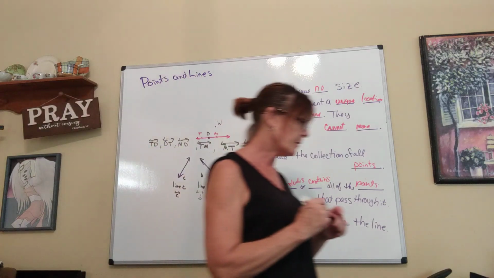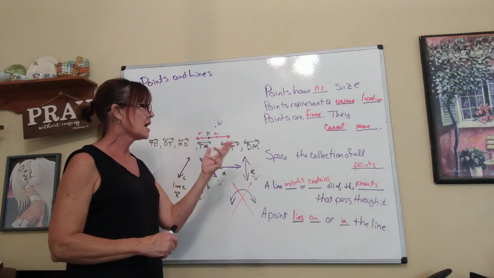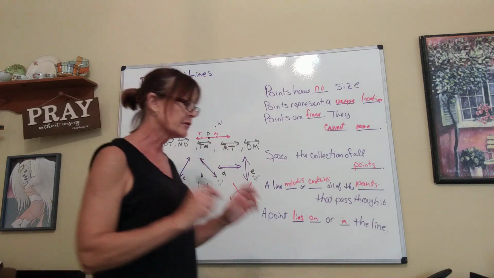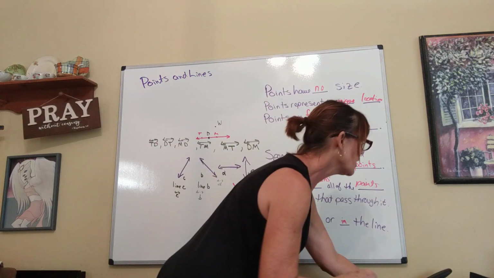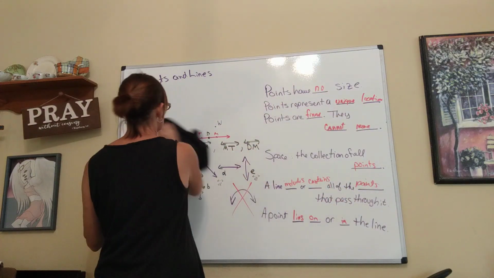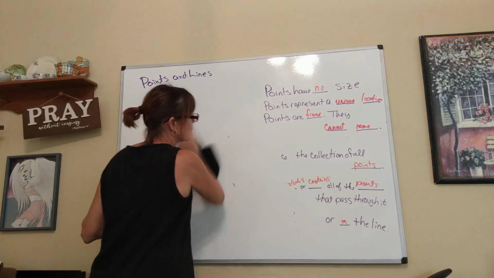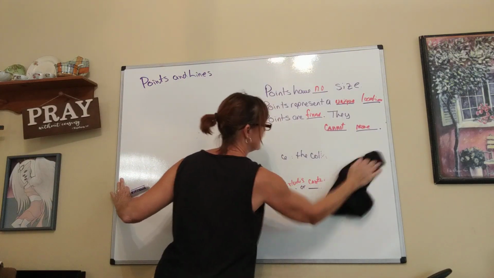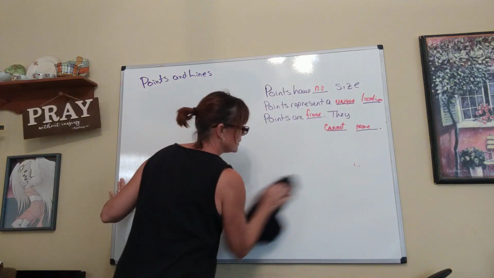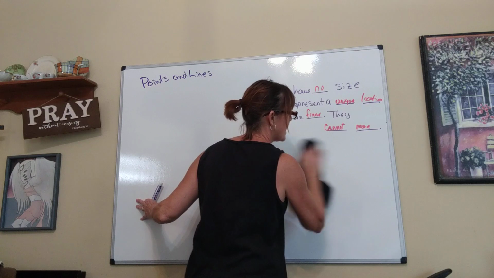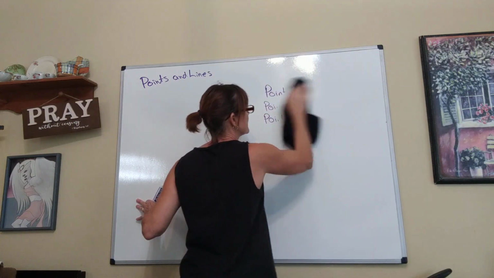Okay, now, sometimes when points lie on the same line, they are called collinear. This is kind of a big word, so we want to give it a little bit of attention. All that collinear means is that points lie on the same line.